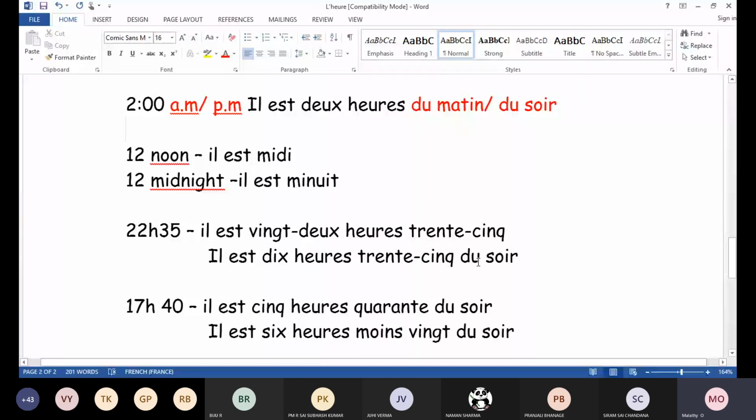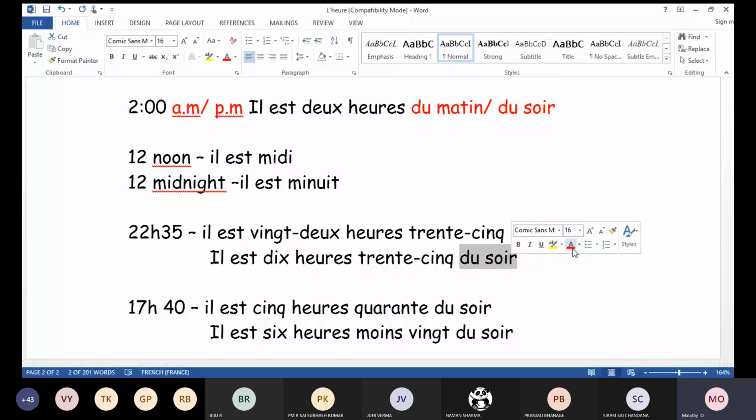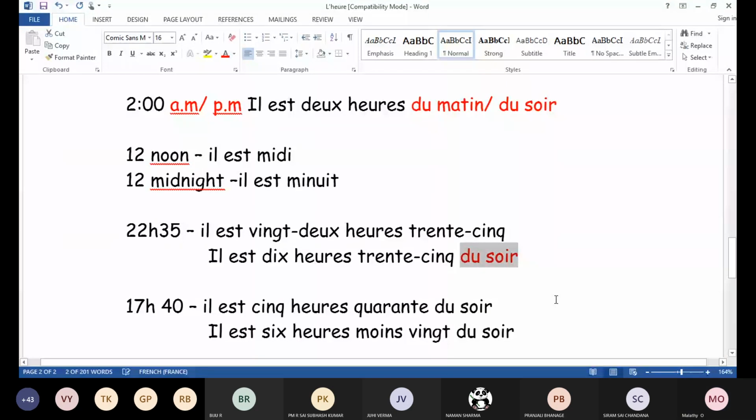You shouldn't forget to add the words du soir if you're converting it. If you miss it, you don't convey the right time. So make sure you add du matin and du soir as per the requirement.